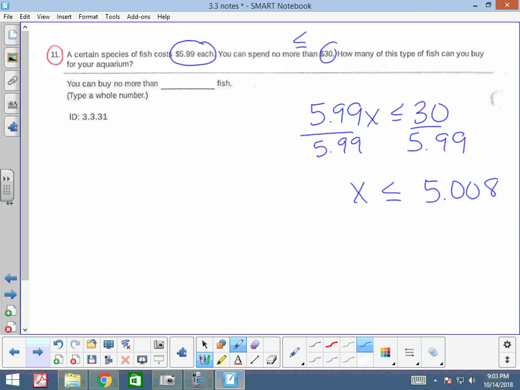We're not going to buy a part of a fish, so you can buy no more than 5 fish. Notice you don't even have to enter the inequality on this one. You just have to enter the whole number, not part of a fish, just the whole fish. So 5 whole fish.